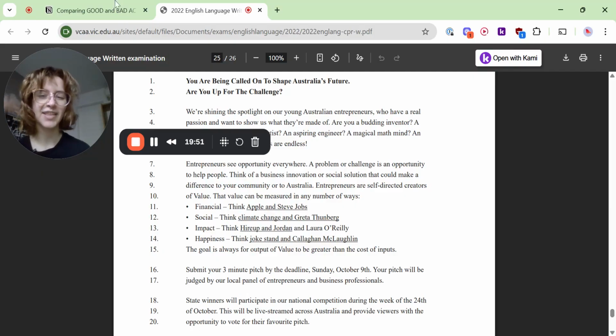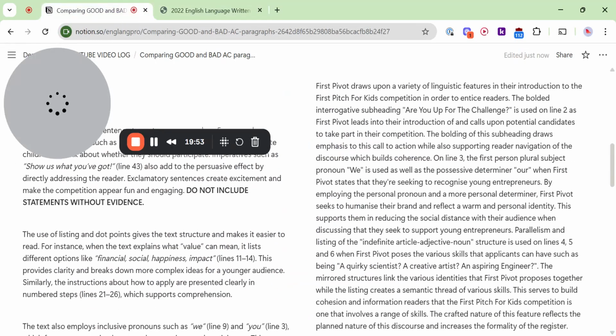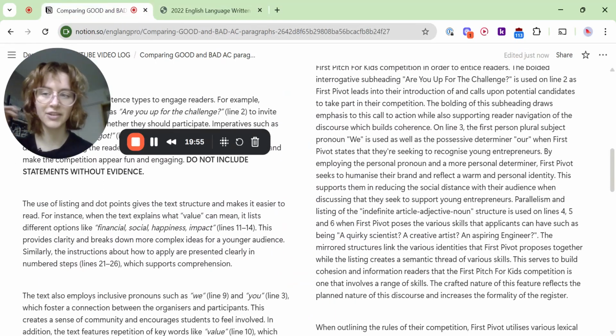But just saying that they list out value is not what they're actually trying to do. They're not trying to provide clarity and break down complex ideas by listing different options. The clarity, sure, comes with the dot points, but the actual purpose of that is to get people excited, to be like, yeah, I could be like these people.